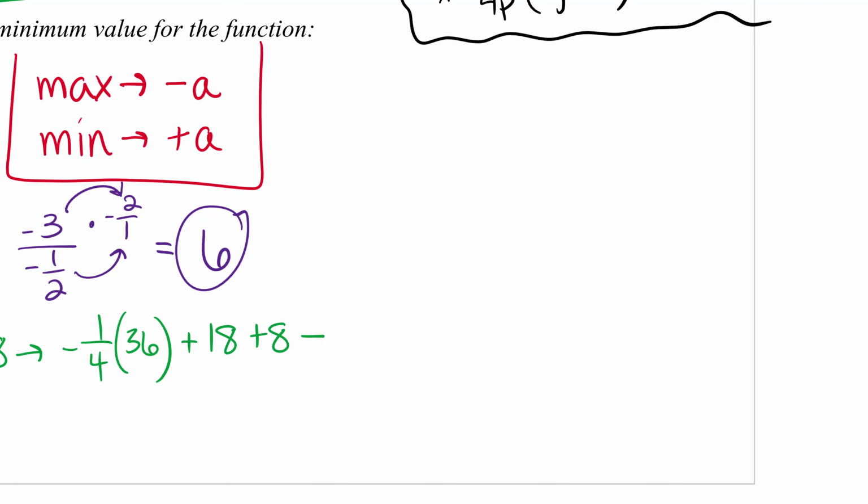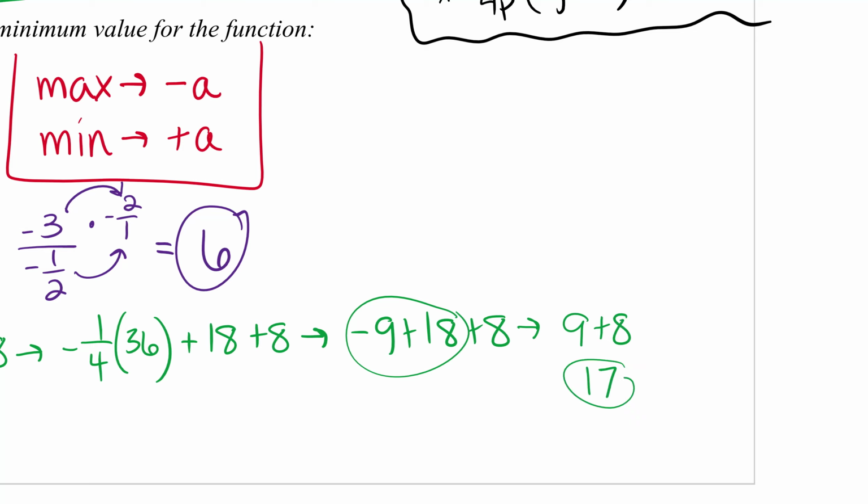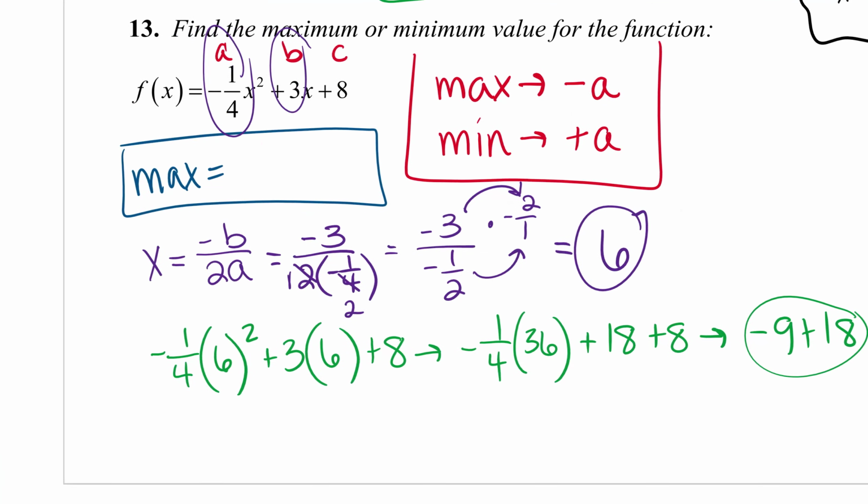So I scoot over some more. 36 divided by 4 is 9, so negative 9 plus 18 is 9, plus 8 is 17. Okay, that's my number that I'm looking for. So that number goes right here under max, and then I'm done. So again, solve for x, plug it in, solve for y, and then that's it.